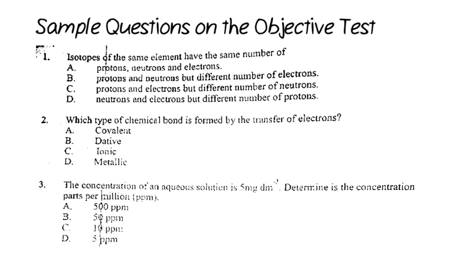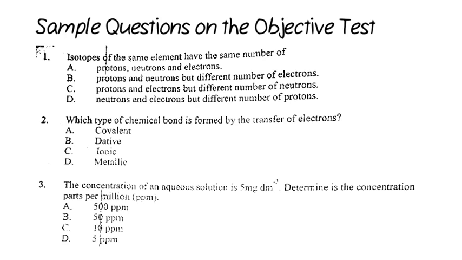Question 1 reads: isotopes of the same element have the same number of A, protons, neutrons, and electrons; B, protons and neutrons but different number of electrons; C, protons and electrons but different number of neutrons; D, neutrons and electrons but different number of protons.